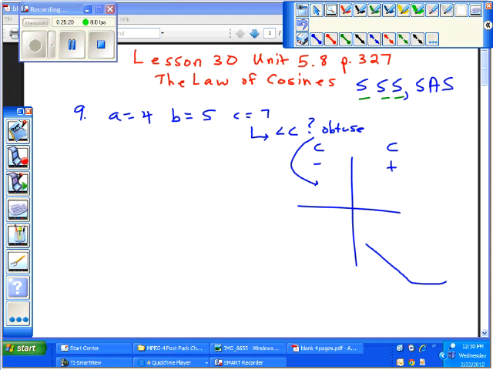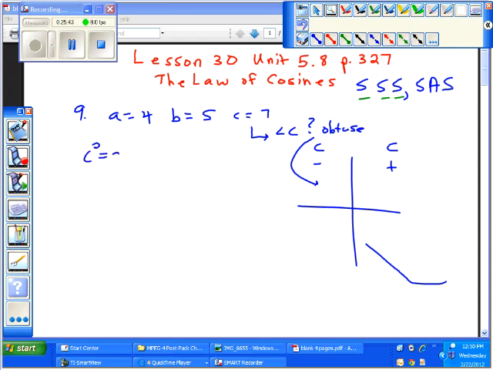If it was, when we solved in a minute, we would be doing inverse cosine of some negative thing. If we don't have a negative thing, it's not obtuse, you see. So just in case it was obtuse, we would want to find it first. So we're going to look for C, the largest angle.